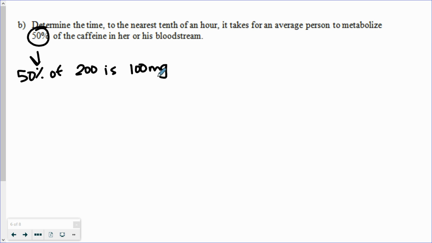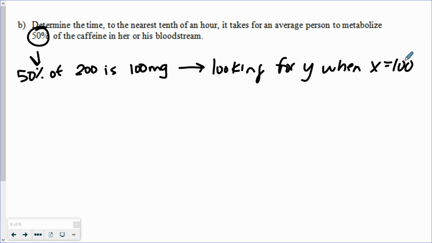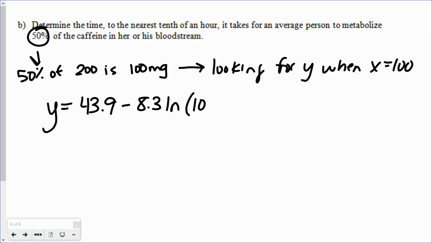So we're looking for y when x is equal to 100. Just like before, you can do it graphically, or you could substitute it in. So x is equal to 100, so I'm going to substitute in a 100 there.